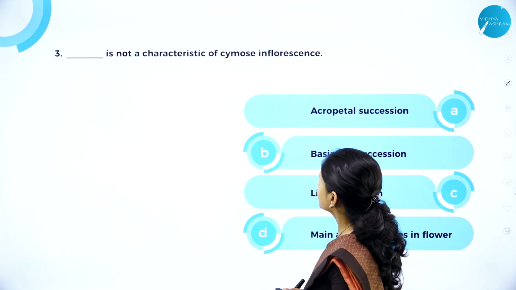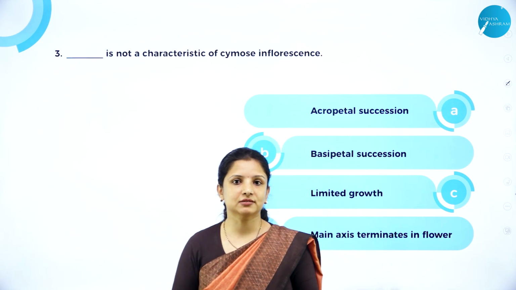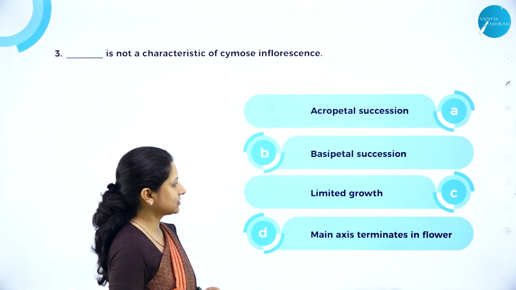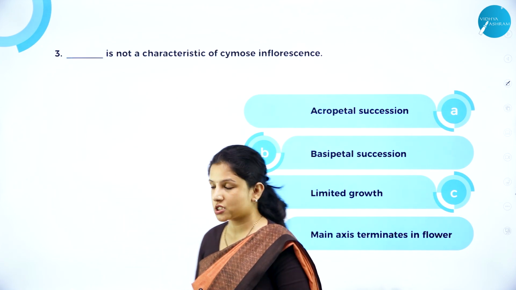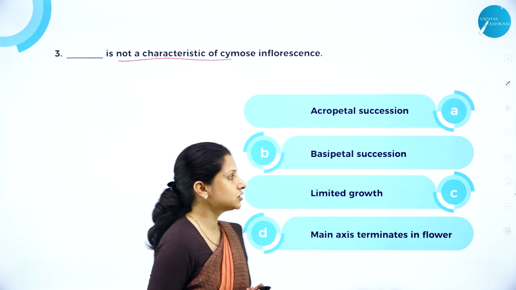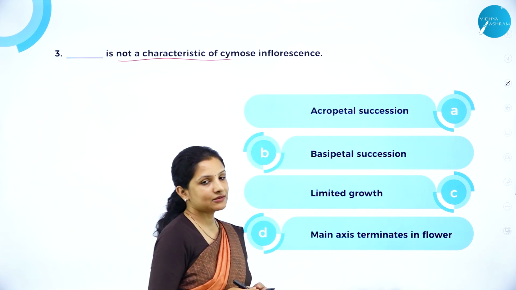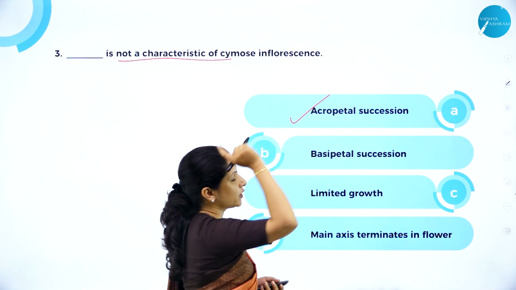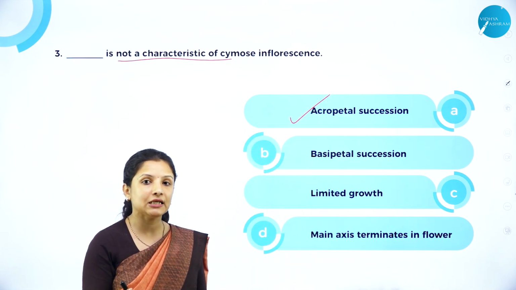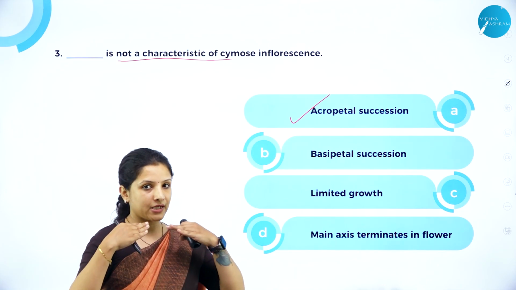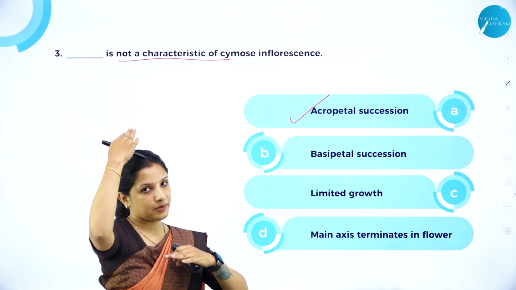Dash is not a characteristic of cymose inflorescence: acropetal succession, basipetal succession, limited growth, main axis terminates in a flower. What was the question? Dash is not a characteristic of cymose inflorescence. Acropetal succession is not a characteristic of cymose inflorescence because acropetal succession is seen in racemose flowers, wherein the older flowers will be at the bottom and the younger flowers will be at the top.